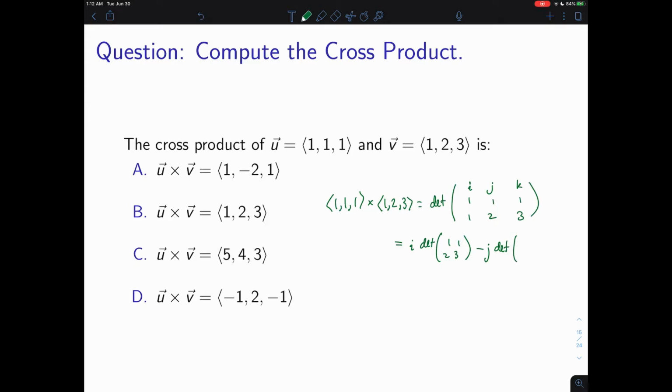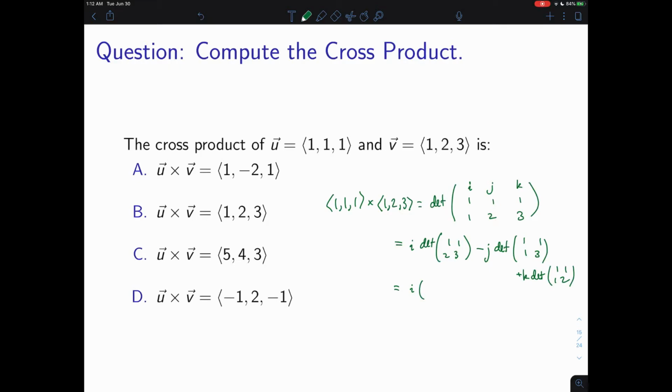Minus J. If I cross out the row and column of that J, that sort of T-shaped thing, what's left over is a 1, 1, 1, 3, and never have enough room. Gonna come down on the next line for the K. If I cross out the row and column of K, what's left over is 1, 1, 1, 2.